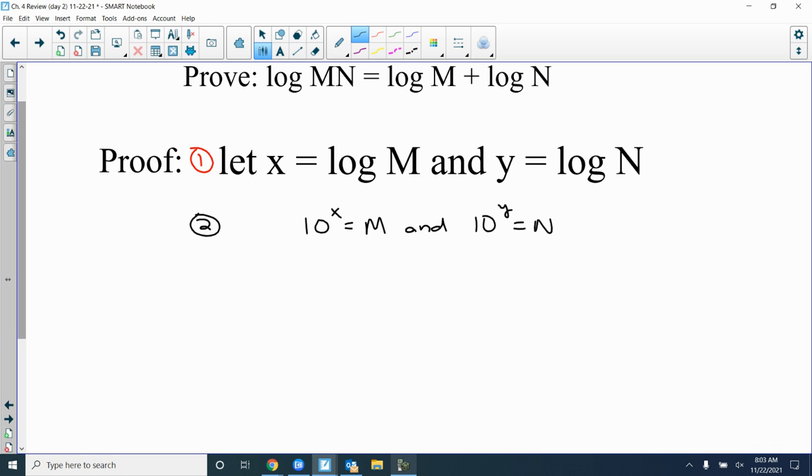Once you have that, this is where we get that product involved. We multiply m times n, and using that step above, m times n has to equal 10 to the x times 10 to the y, because those are equivalent to m and n respectively.